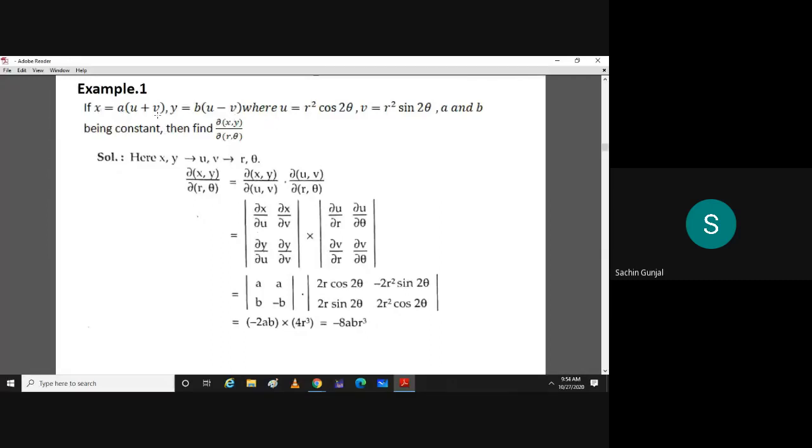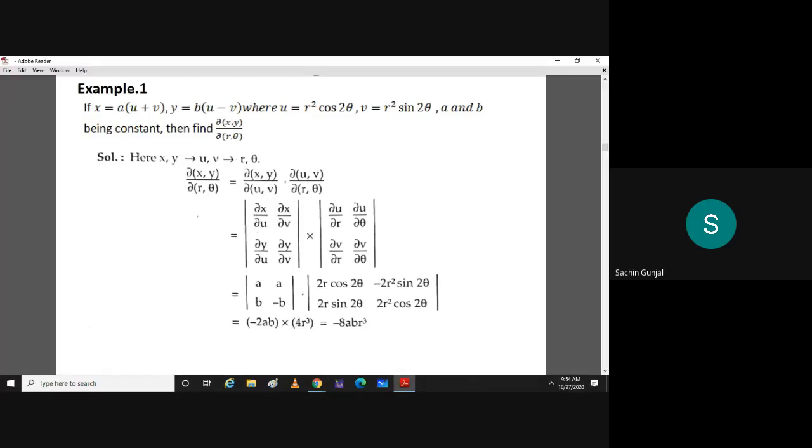Okay. So x and y are functions of u comma v, and u comma v are functions of r and theta. So by chain rule, Jacobian of xy with respect to r theta is equal to Jacobian of xy with respect to uv into Jacobian of uv with respect to r theta.